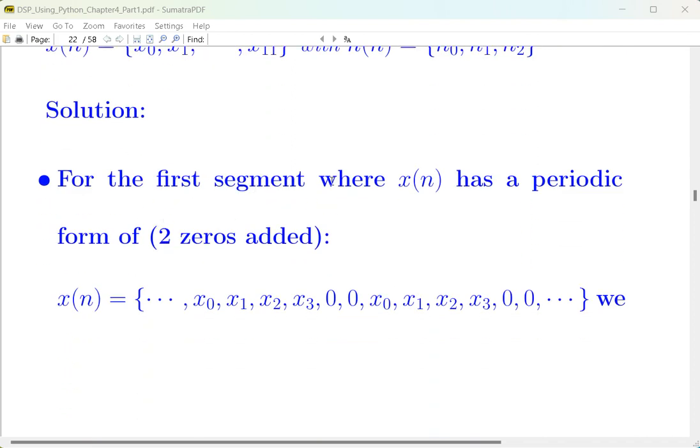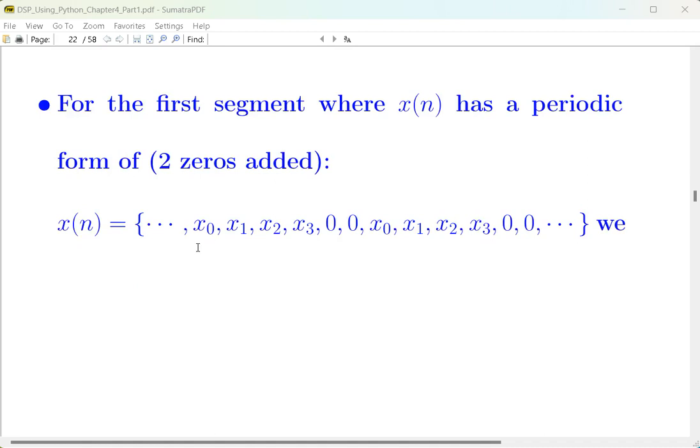For the first segment, x of n has a periodic form of x0, x1, x2, x3, 0, 0. You know why they have appeared here, and again, repetition. 2 zeros added because the length of impulse response h of n is 3. Okay.